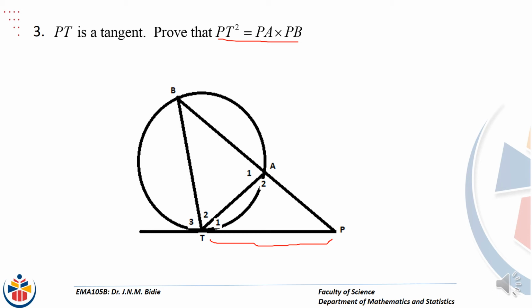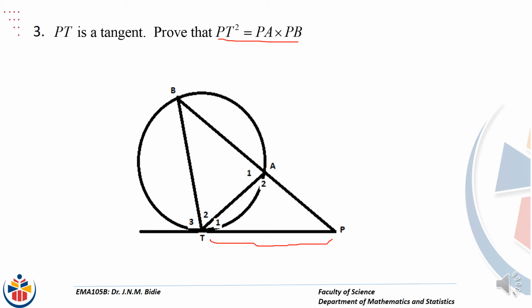Therefore, we can use the big triangle and the small triangle, which is TAP, and the big triangle PTB, and prove similarity, so that we can use proportion based on similarity.